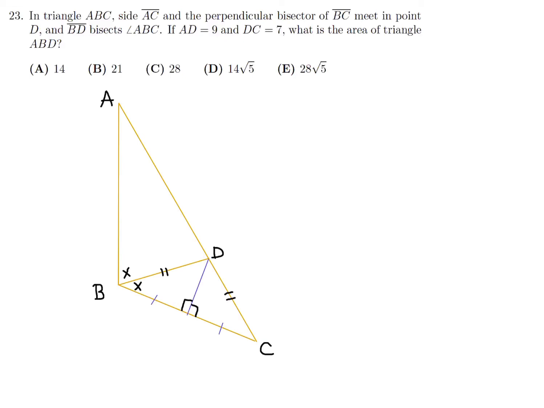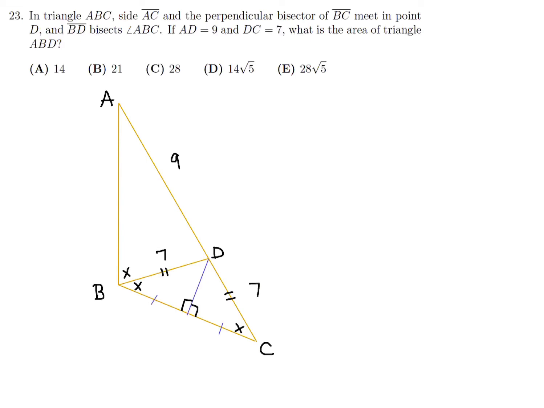That's just a fundamental property: when you have a 90 degree angle on a perpendicular, it will make those sides the same. So therefore, this is an isosceles triangle, and that angle is X as well. And now they tell you that AD is 9, and DC is 7. Well, if DC is 7, then BD is 7.